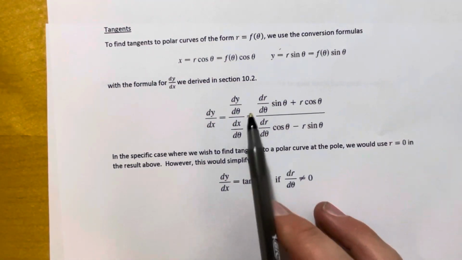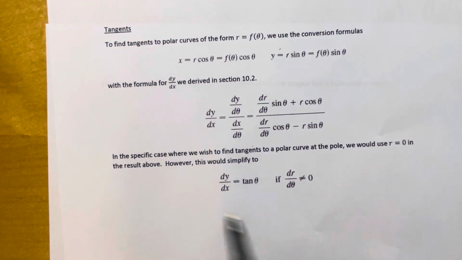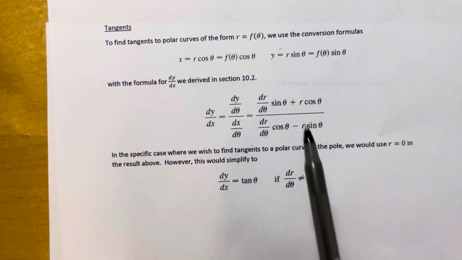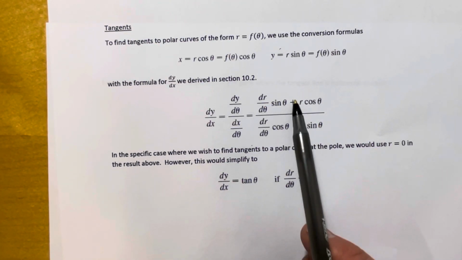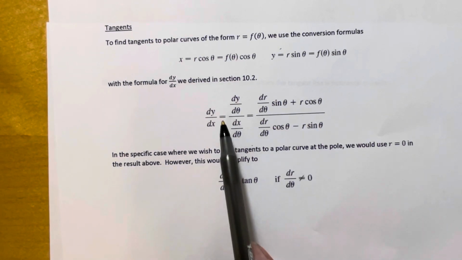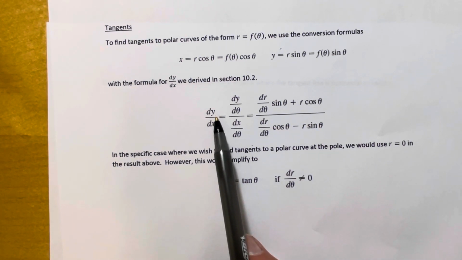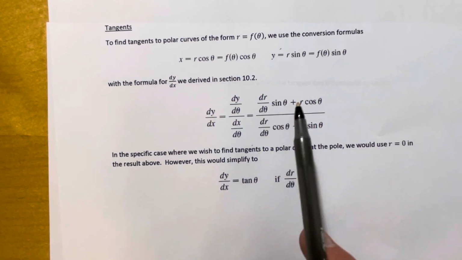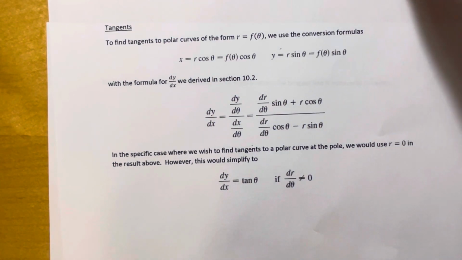Going back here, I have this quotient which gives me the slope of tangent lines. Now, if my numerator is equal to 0 and my denominator is non-zero, then that would be an instance where this slope is equal to 0. That would be a horizontal tangent line.